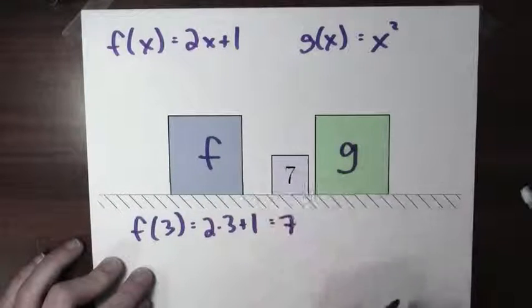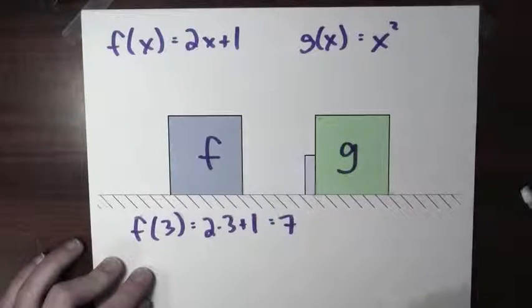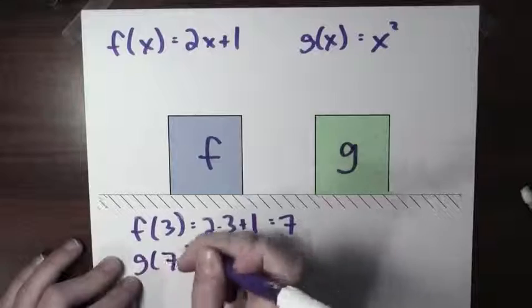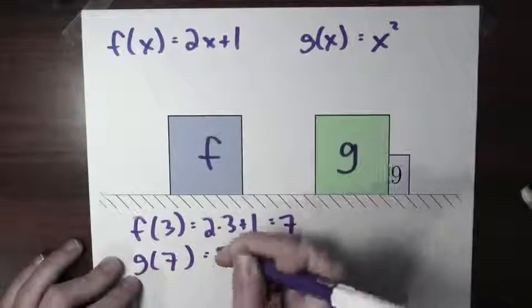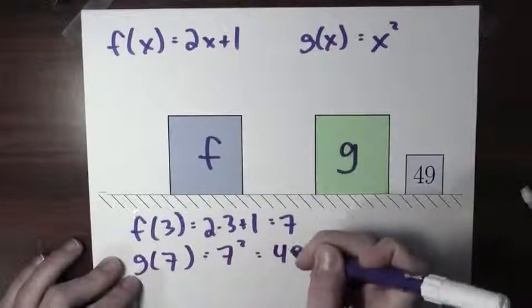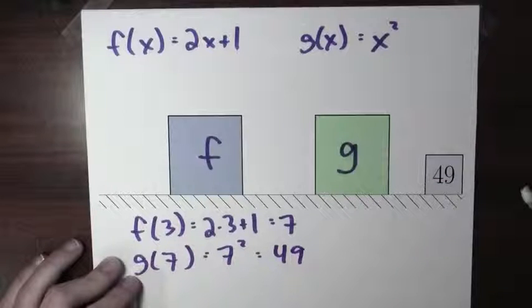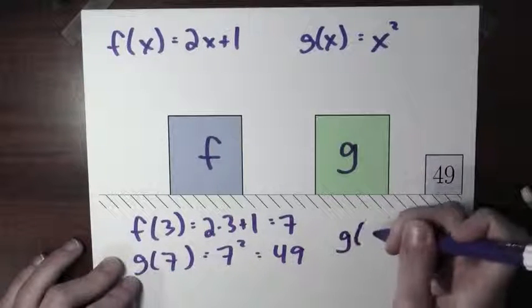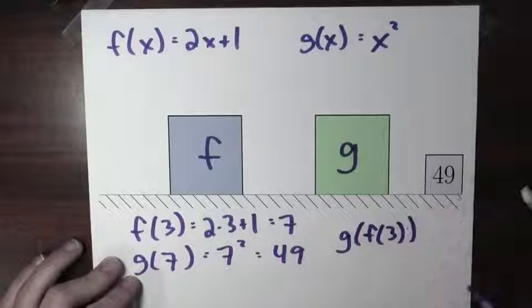Now I'm going to take the output of f and put it into the input of g. So g of 7, well, it's going to be 7 squared, and that'll be 49. So here now, coming out of the function g, is the number 49. And I could have written this in a little bit of a shorthand way. I could have just written g of f of 3.